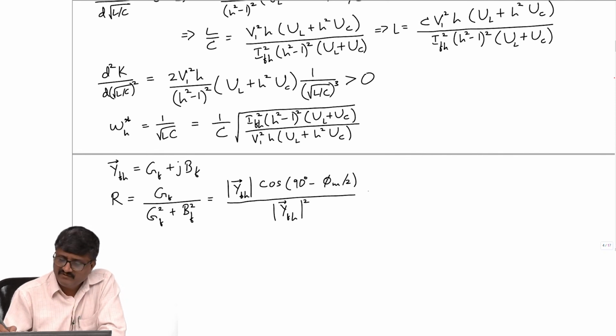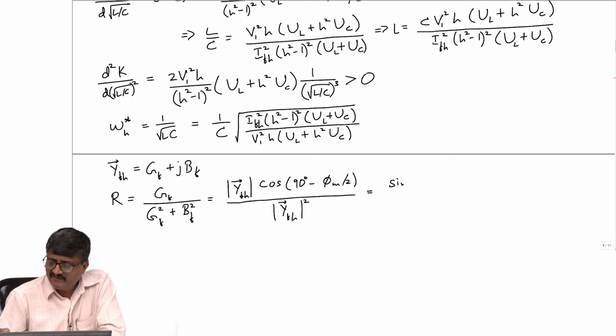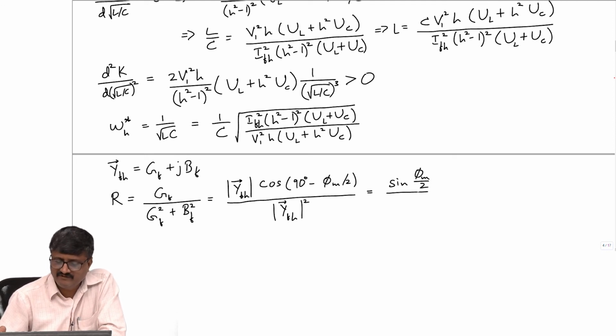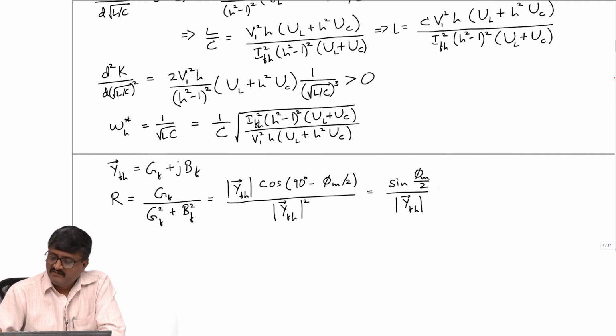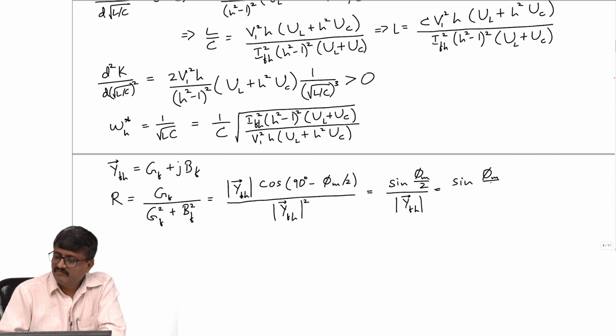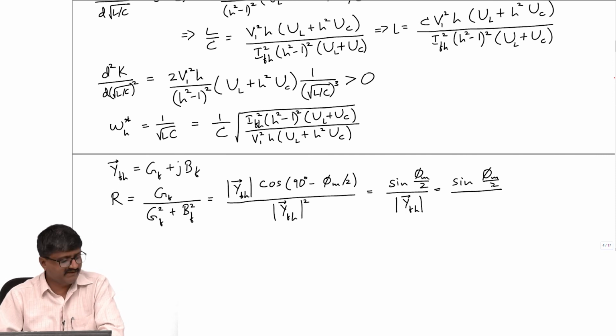So, cos of 90 minus phi m by 2 is sin phi m by 2, and the magnitude of y of h in the numerator gets cancelled. So, we are left with y of h magnitude in the denominator. So, this is sin phi m by 2 divided by, what is y of h?